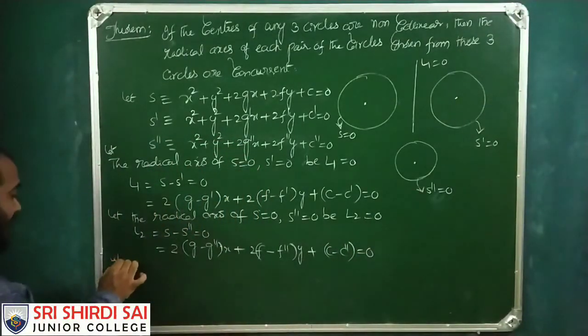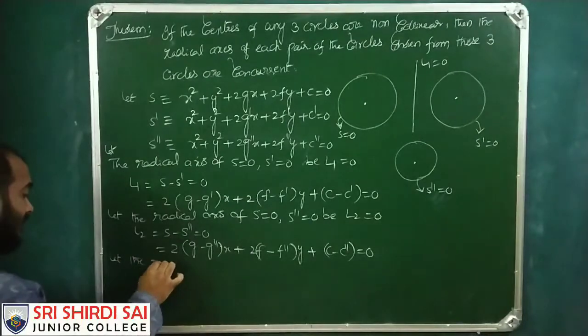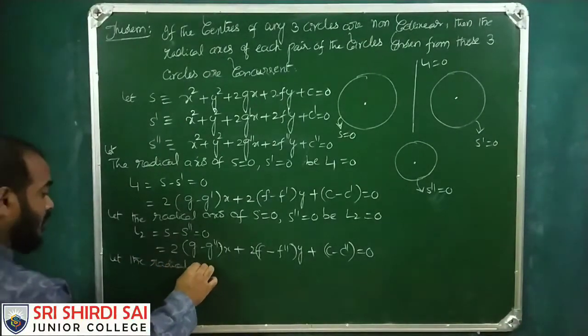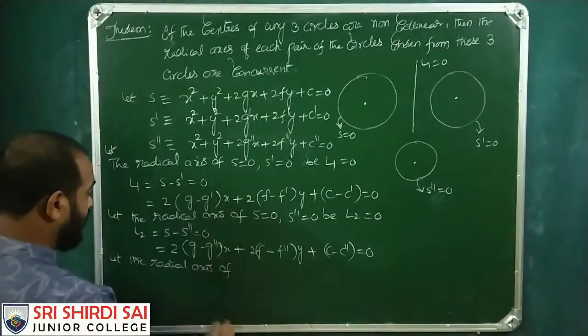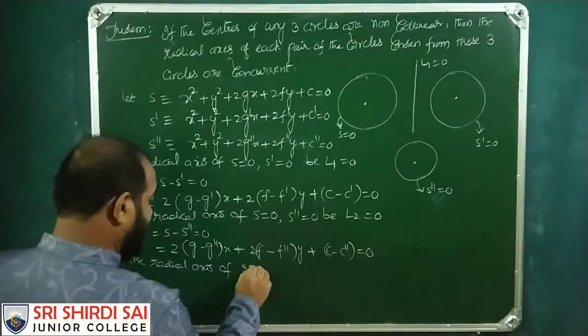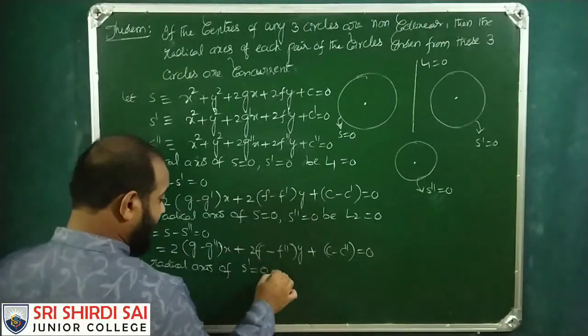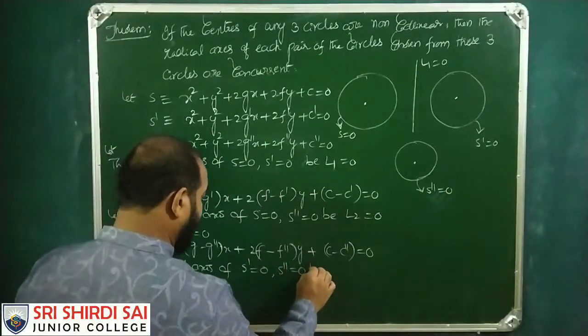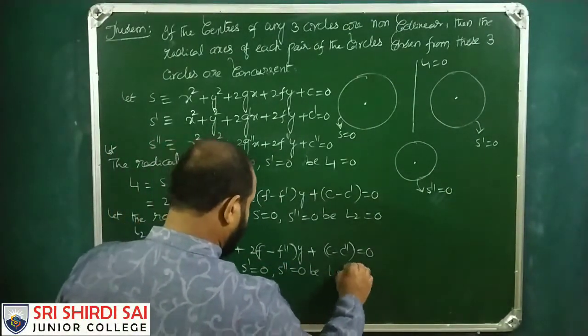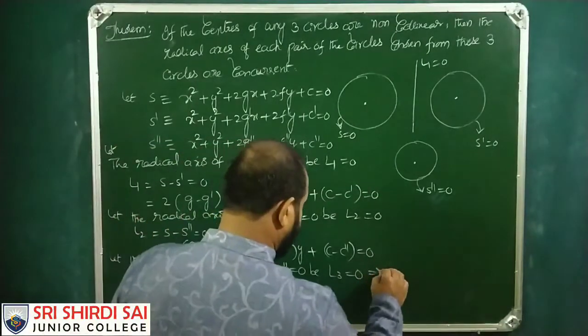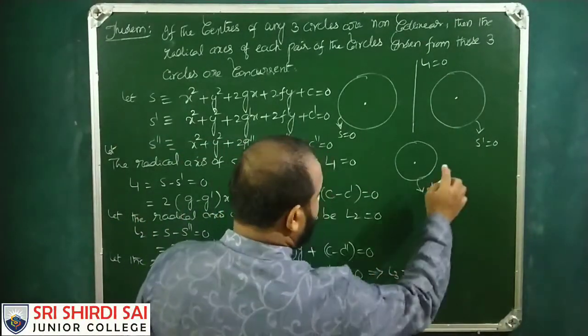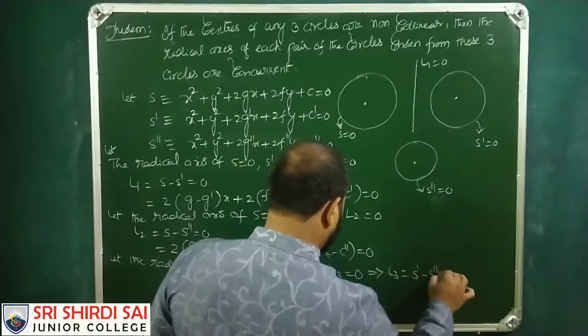Likewise, let the radical axis of S dash equals to 0 and S double dash equals to 0 be L3 equals to 0. That implies L3 is equals to S dash minus S double dash equals to 0.